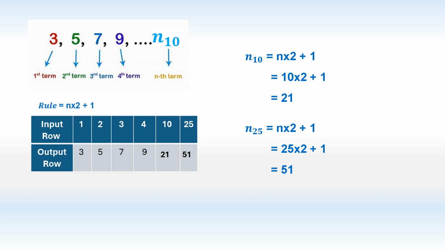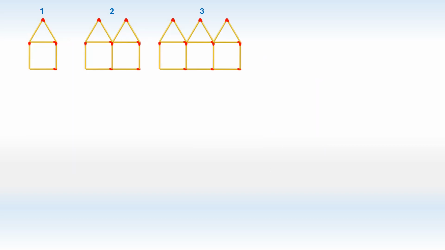Now let's apply the same to geometric patterns. Now, if we look, we need to work out how many we added each time. So we could physically count. We could count the first row. We had 1, 2, 3, 4, 5, 6.